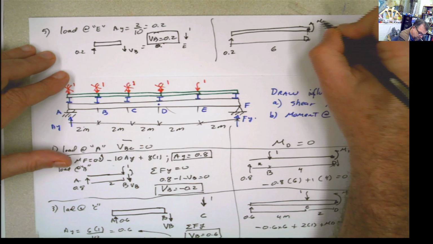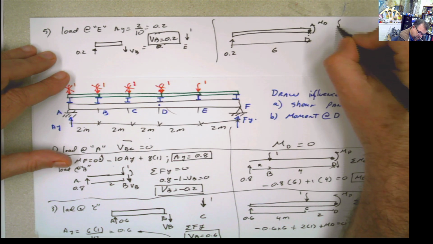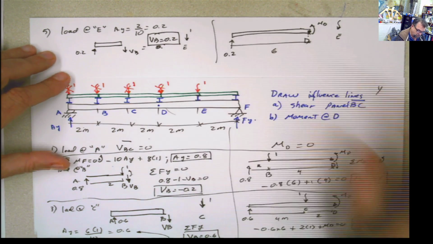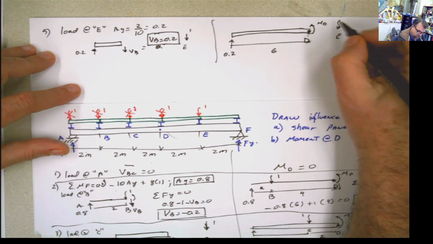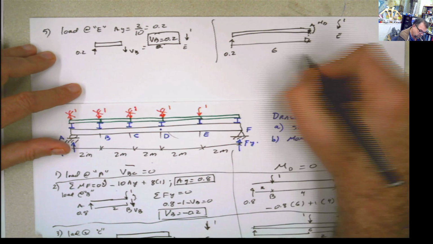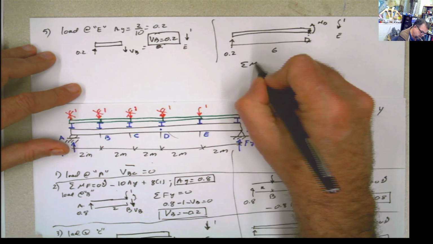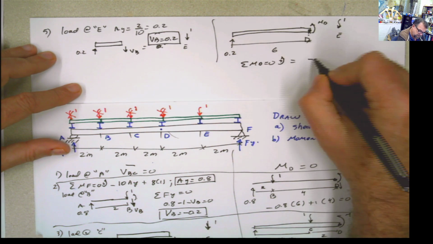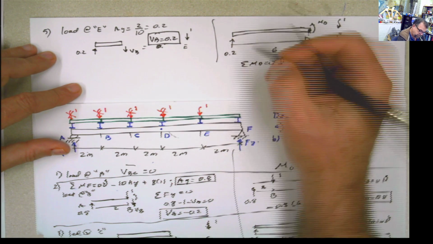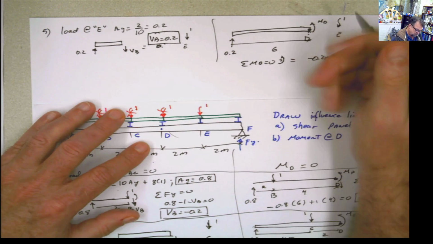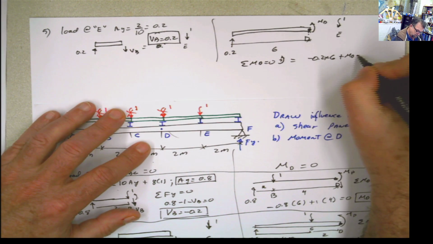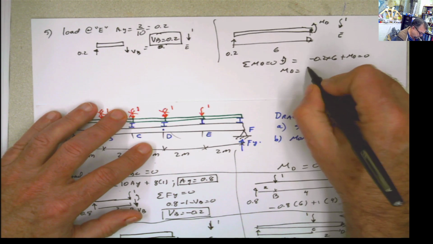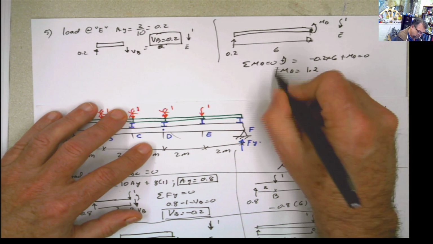The load is at E, so that load is not going into this equation because it's not on top of that part. So when you do summation of moments at D equals 0, you get negative 0.2 times 6 plus MD equals 0, which gives you MD equals 1.2.